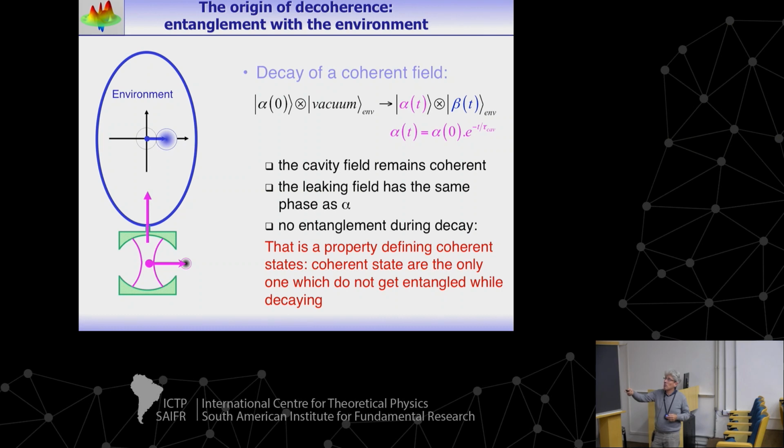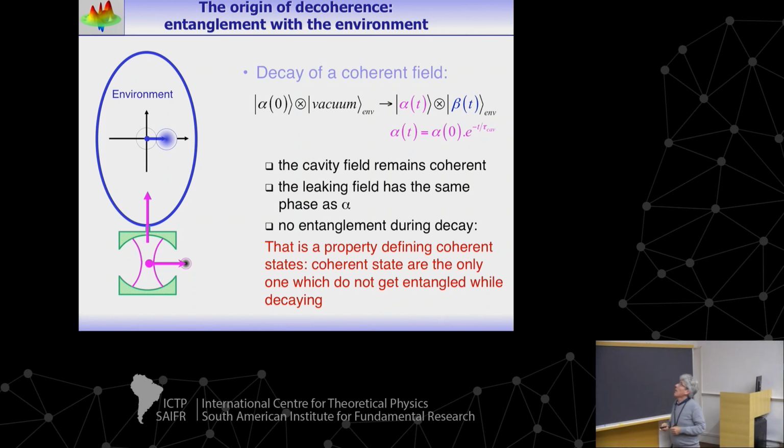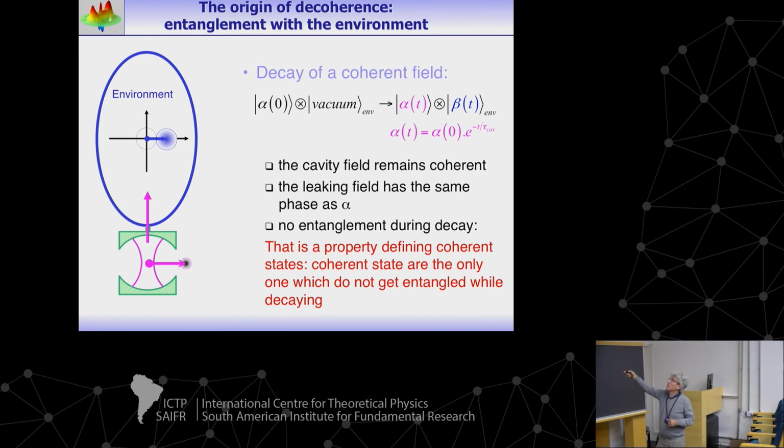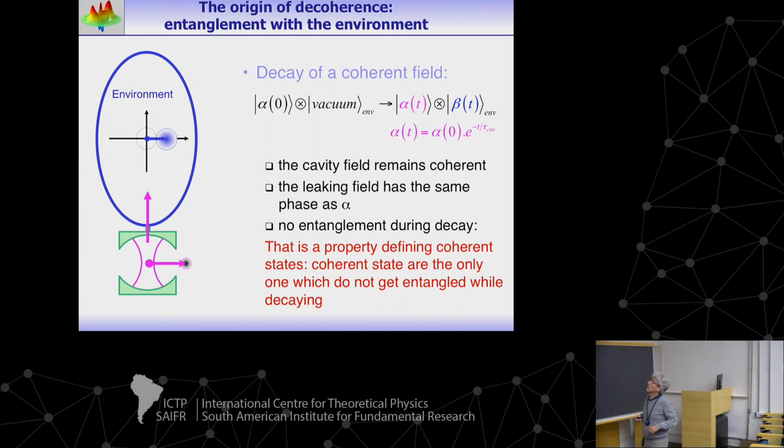Some oscillators are resonant, some others are not, but you can solve the Schrodinger equation for this problem. And the important result is that, as a function of evolution, if this state is coherent and the other is vacuum, the evolution basically consists in keeping a coherent state here. So you can demonstrate that the coherent state remains a coherent state in the cavity with amplitude which is exponentially damped. I'm sorry, there should be a factor 2 here because the energy is damped with damping constant T cav, which means that the amplitude lives 2 times longer because it has to be squared.